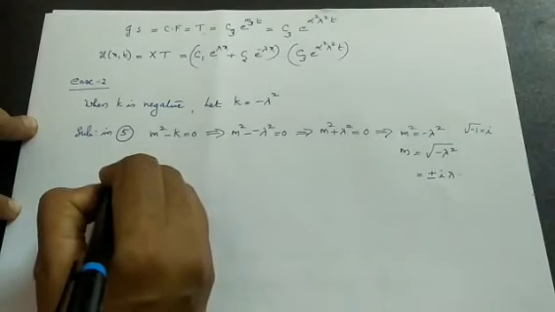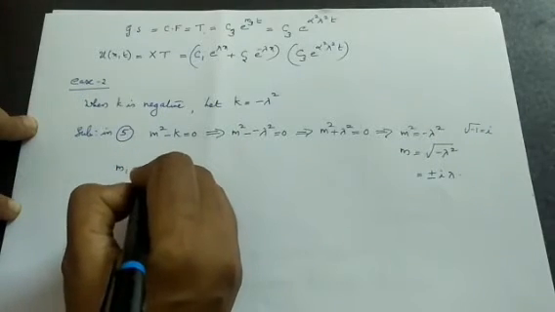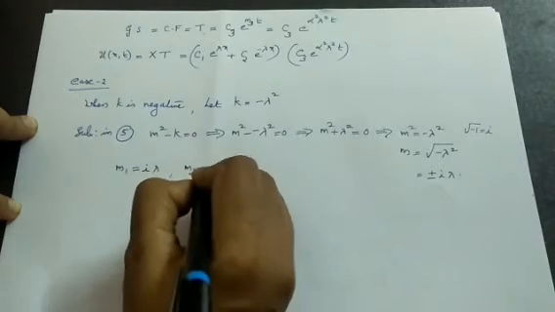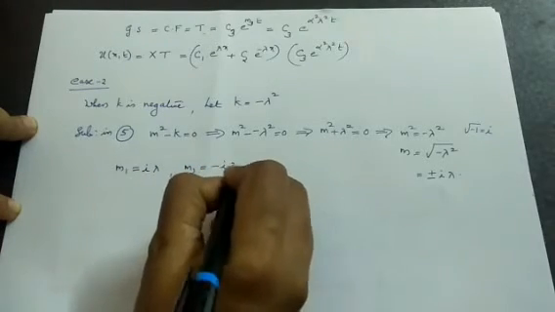Here we have complex roots, that is first root m1 is equal to i lambda and m2 is equal to minus i lambda.